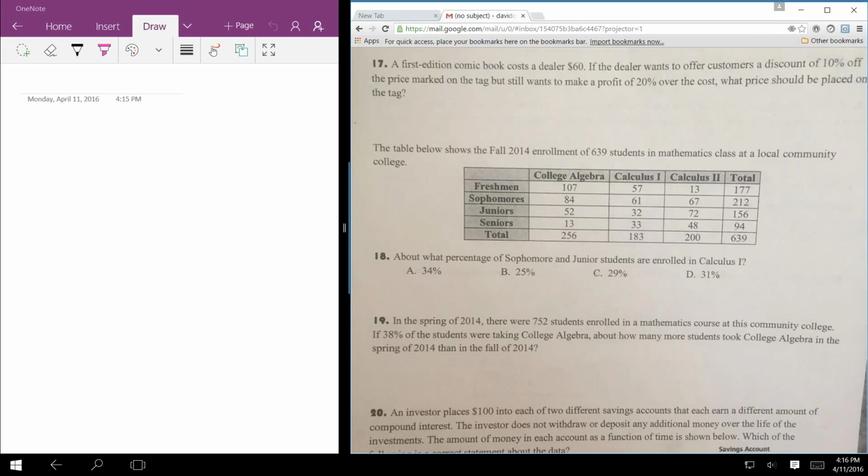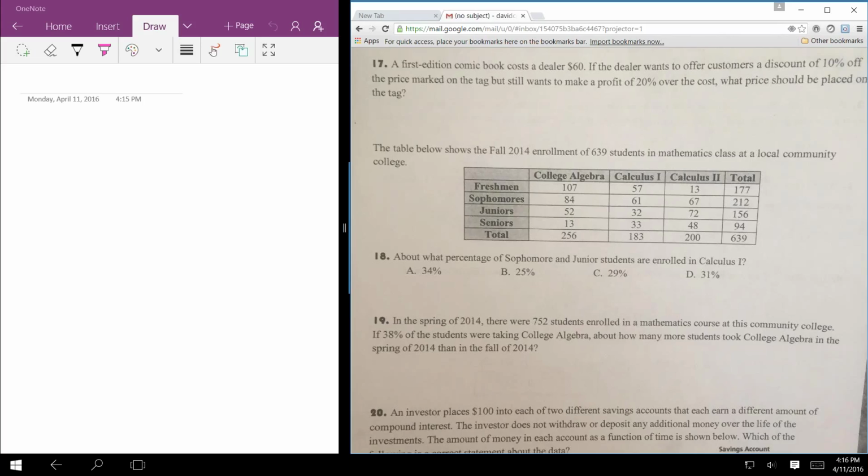About what percentage of sophomore and junior students are enrolled in Calc 1? 61 out of 30, or 32 and 61. Well, in order to answer that question, don't we need to know the total number of sophomore and junior students?